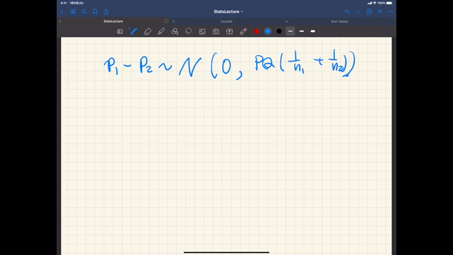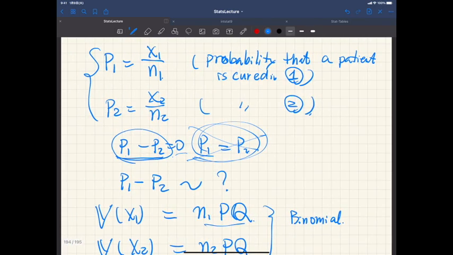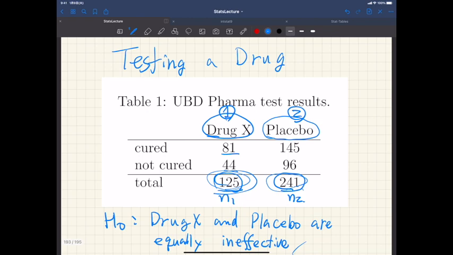At this point we don't know the value of p, so we approximate it by combining the two experiments. So these numbers divided by these numbers.